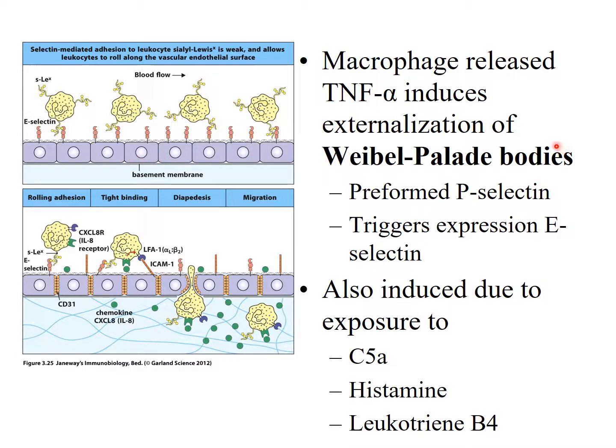The endothelial cells will externalize what are referred to as Weibel-Palade bodies. Weibel and Palade are the ones that figured out these granule-like things that are P-selectin and E-selectin that have already been made and basically just bunched up, stored away as one big mass inside these endothelial cells. Tumor necrosis factor from an activated macrophage will cause these P-selectins, E-selectins to be exposed out.